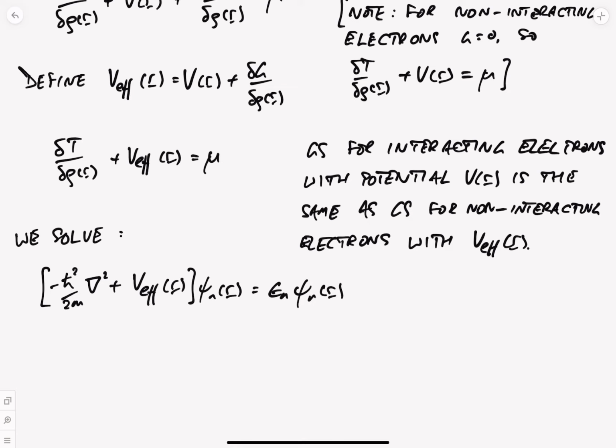And then we create the charge density rho of r is equal to twice the sum over i equals 1 to N over 2 of the square modulus of psi i of r squared.